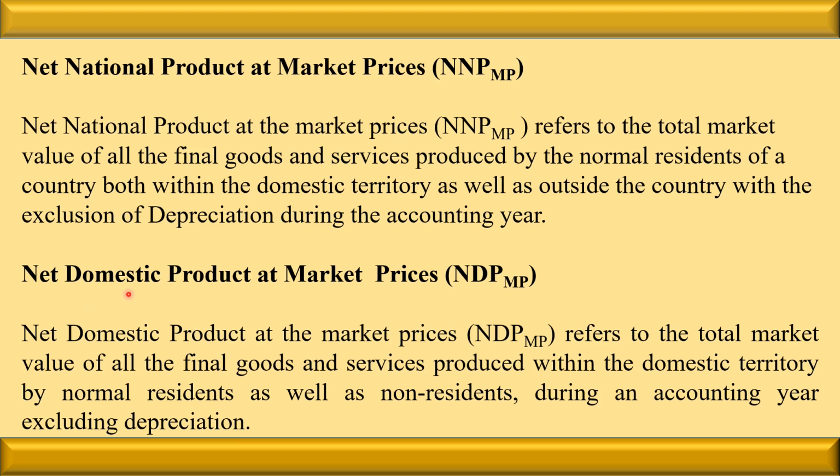Here domestic is written, not national, and net is written, not gross. It is the sum total of the market value of final goods and services produced within the domestic territory by the normal residents without considering the depreciation. Clear?